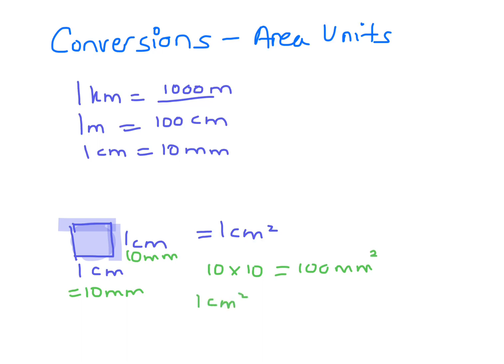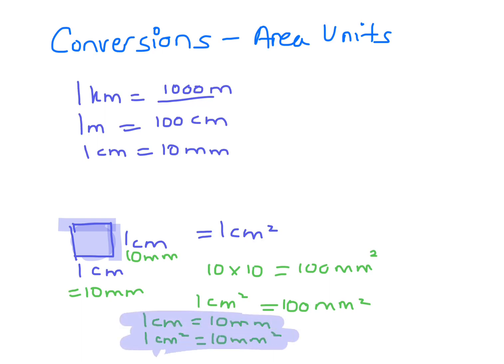That means 1 centimetre squared is 100 millimetres squared.